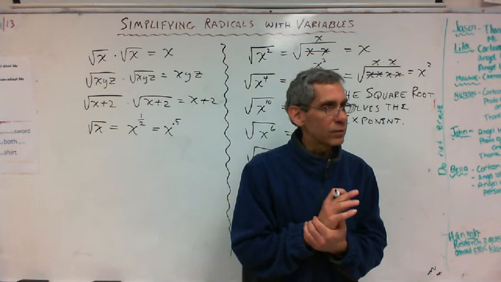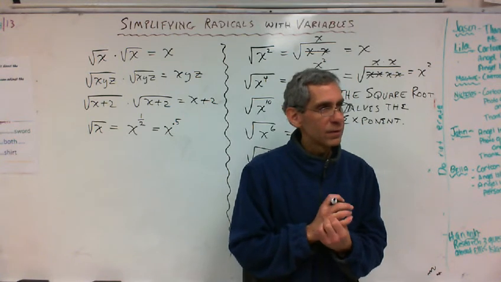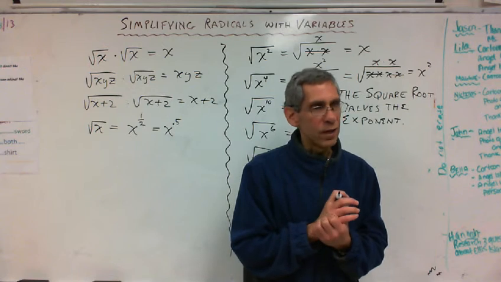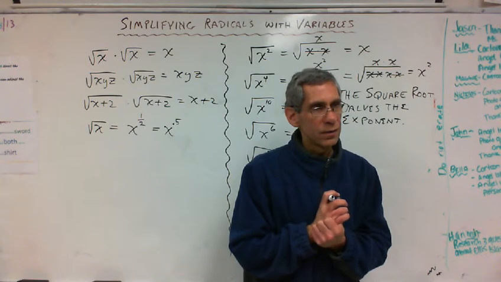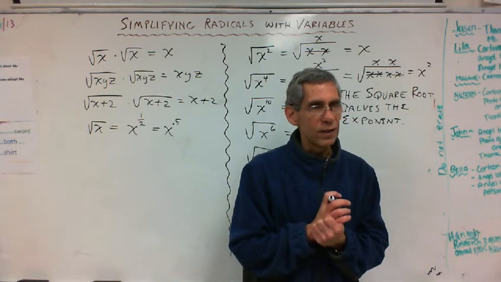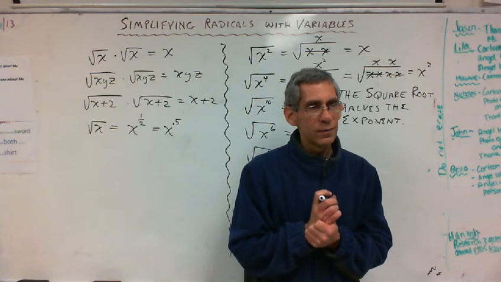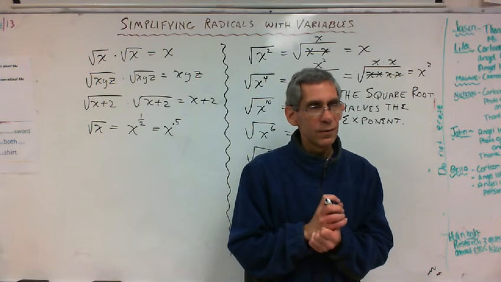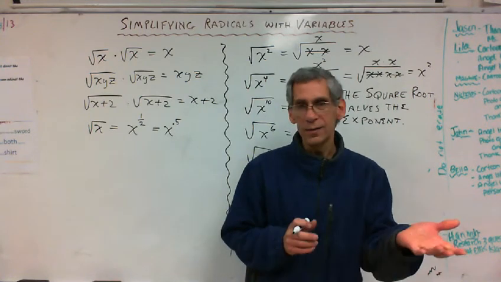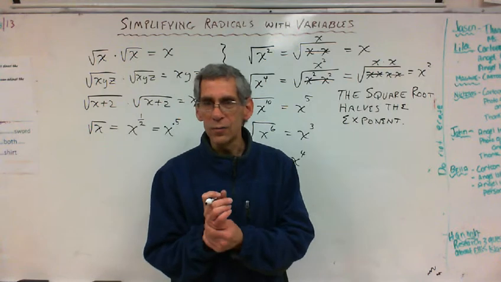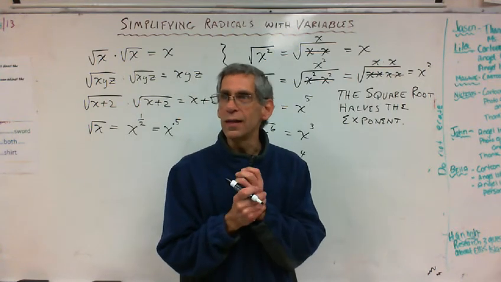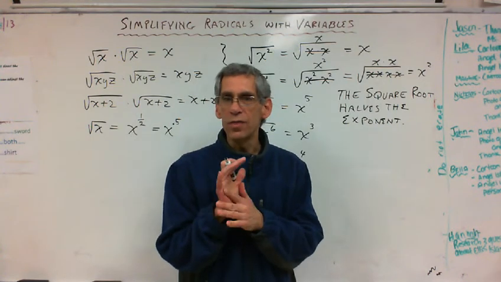Kareem, square root of x to the 50th. Landon, square root of x to the 100th. Adam, square root of x to the 200th. Good, exactly. Serena, square root of x to the 1,000.